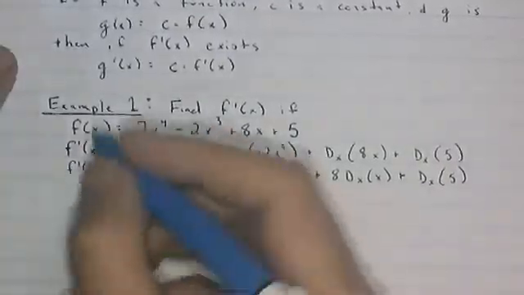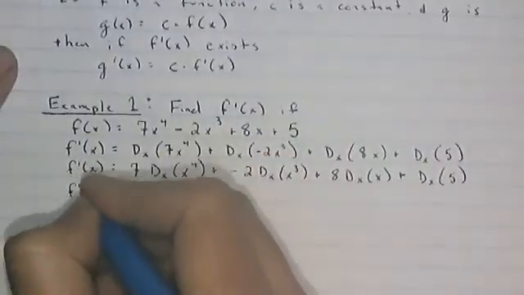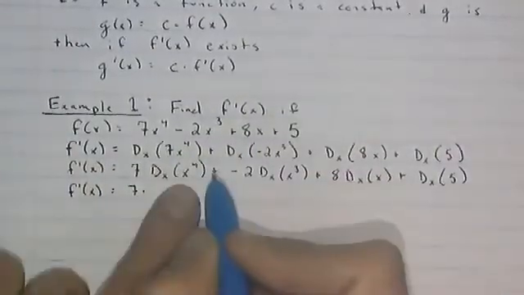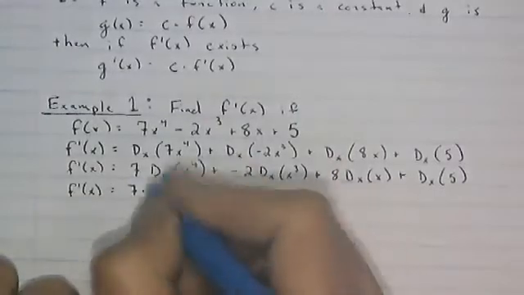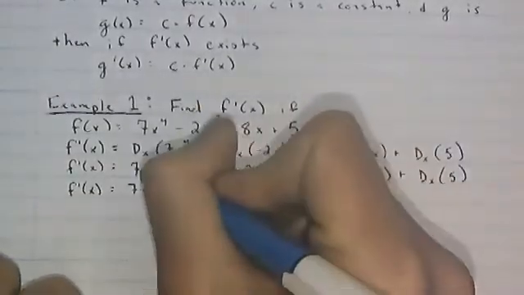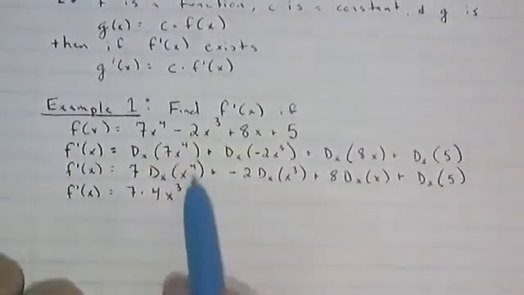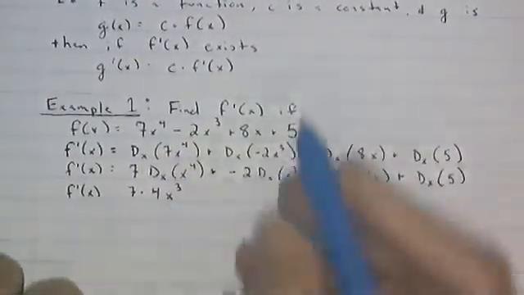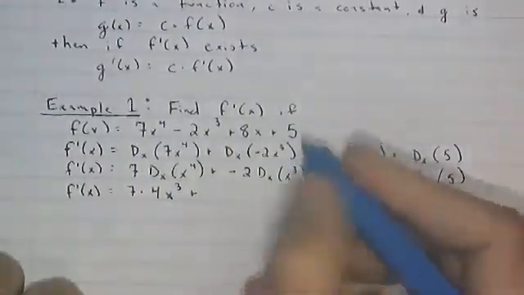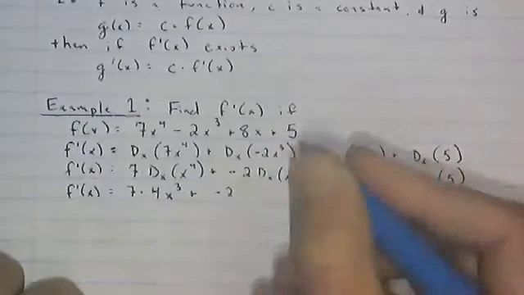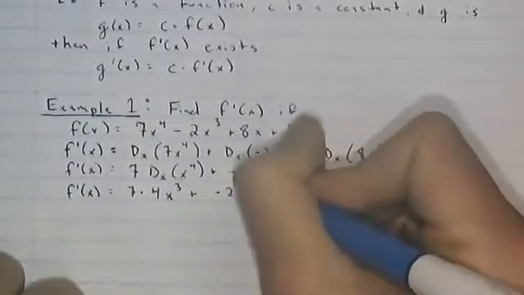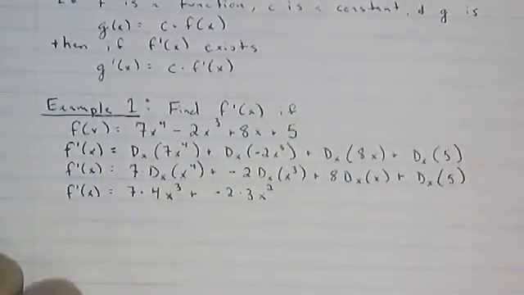So now actually doing the derivatives. We'll have 7 times the derivative of x to the 4th. Drop down that 4. Subtract 1 from the exponent. X to the 4th has a derivative of 4x cubed. Over here, same thing. Drop down that 3. Subtract 1 from our exponent. 3x squared.